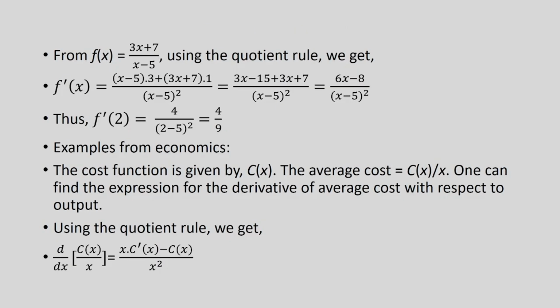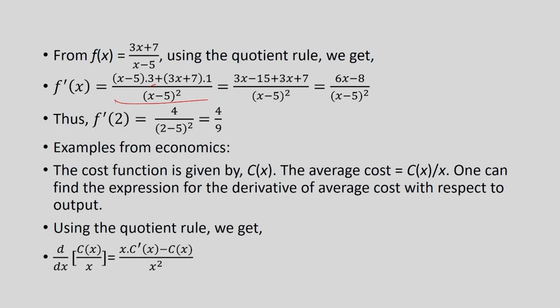So, we use the quotient rule, we get this. In the denominator you have the square of the denominator of the original function, which is (x minus 5) whole square, and in the numerator you first have the denominator x minus 5 multiplied by the derivative of the numerator, which is 3, minus the numerator, which is 3x plus 7, multiplied by the derivative of the denominator, which is equal to 1.